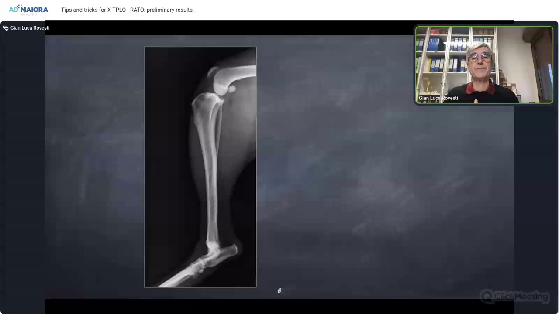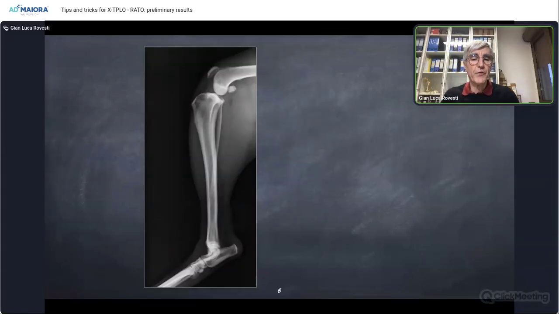I like the projection with the superposed condyles of the femur, but you can do it in slightly different projections as well, meaning that not necessarily the femoral condyles should be perfectly superposed. The important thing, in my experience, is that it should be consistent. So we should be able to have a consistent projection in order to understand exactly what we are doing.